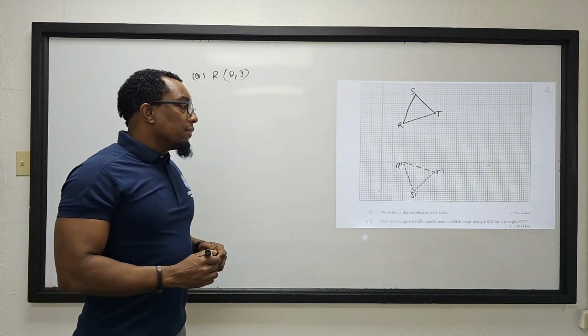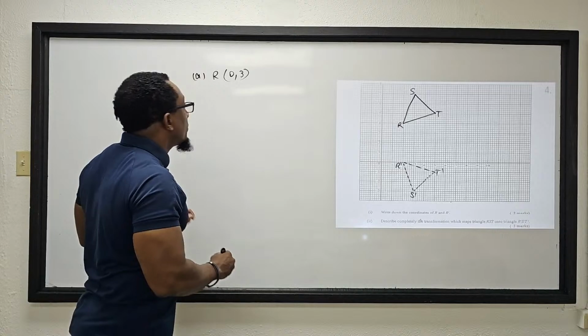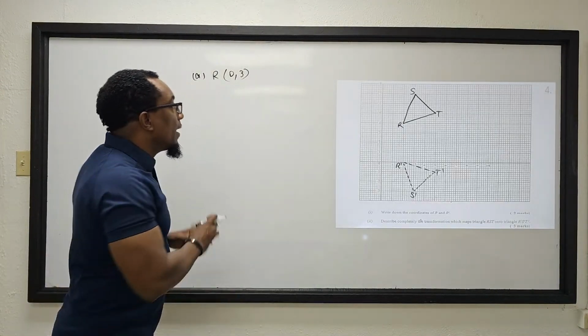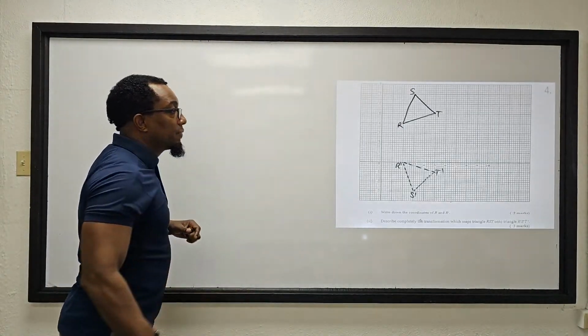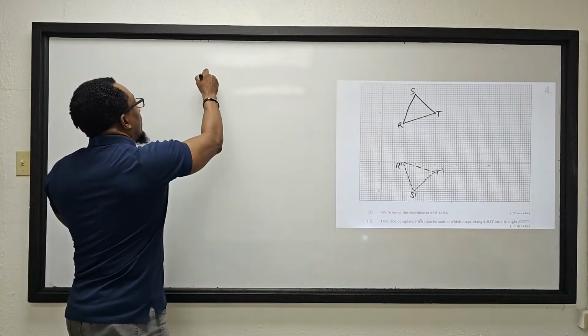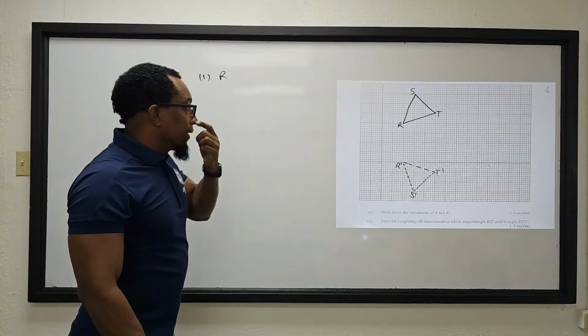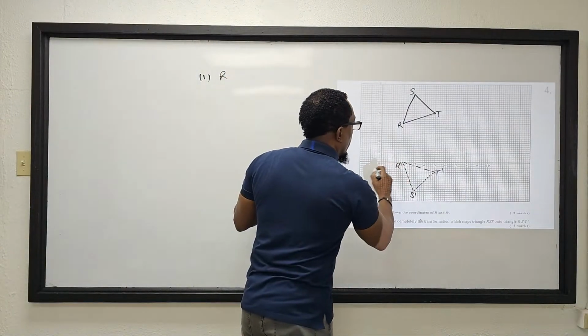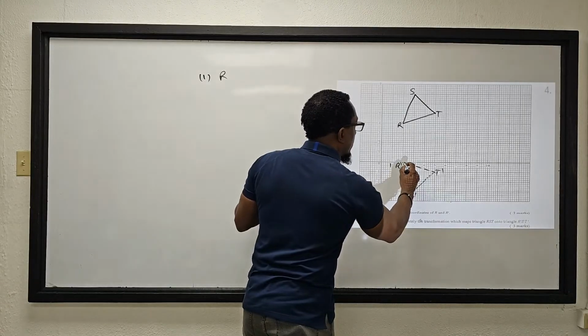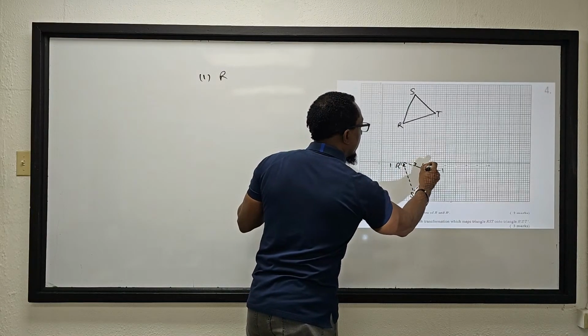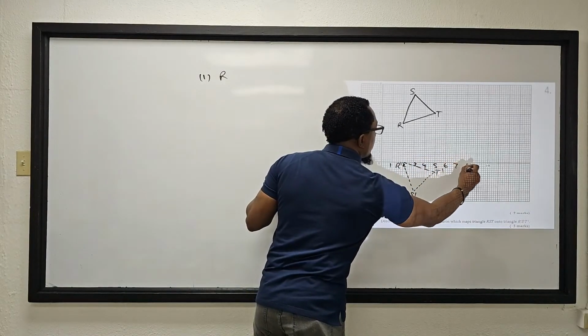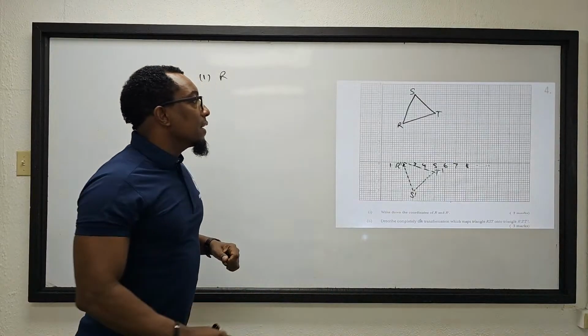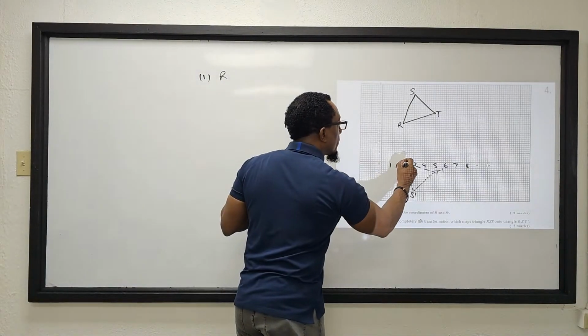What they want us to do is to write down the coordinates of R and R prime. So this is question 4. The coordinates of R: clearly this is 1, this is 2, 3, 4, 5, 6, 7, 8. So the coordinates of R will be 2.